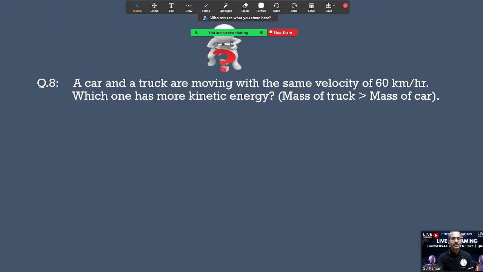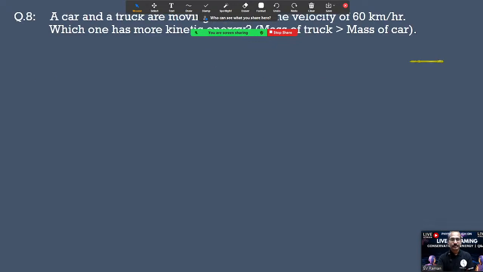Now, the next question. A car and a truck are moving with the same velocity of 60 km per hour. Which one has more kinetic energy? The mass of a truck is greater than the mass of a car. As you know, both are moving with the same velocity, v is equal to 60 km per hour. So which kinetic energy is more?